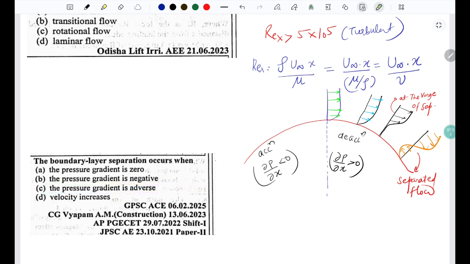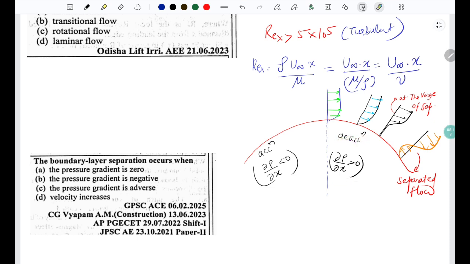So you see the development of the velocity profiles as the pressure changes. In this region the pressure gradient is negative, but the flow is accelerating, that is the velocity is increasing. There comes a point when there is a sudden change in the pressure gradient from decreasing to an increasing pressure gradient.